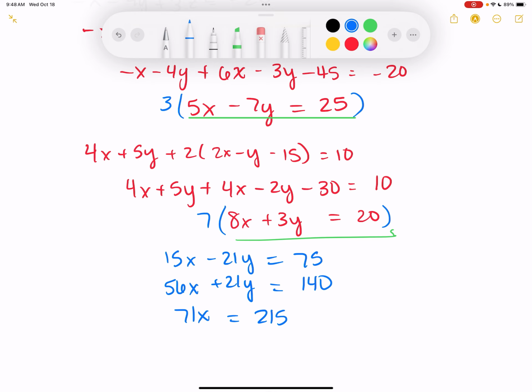Did I add that right? Something's wrong, because that's not the right answer.